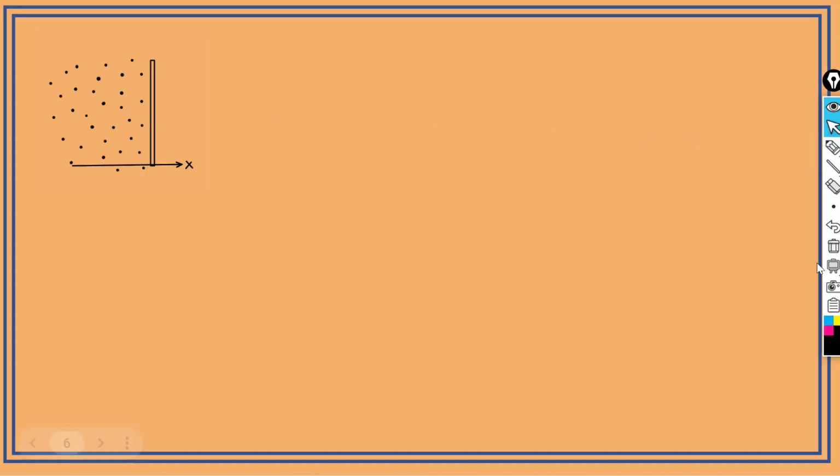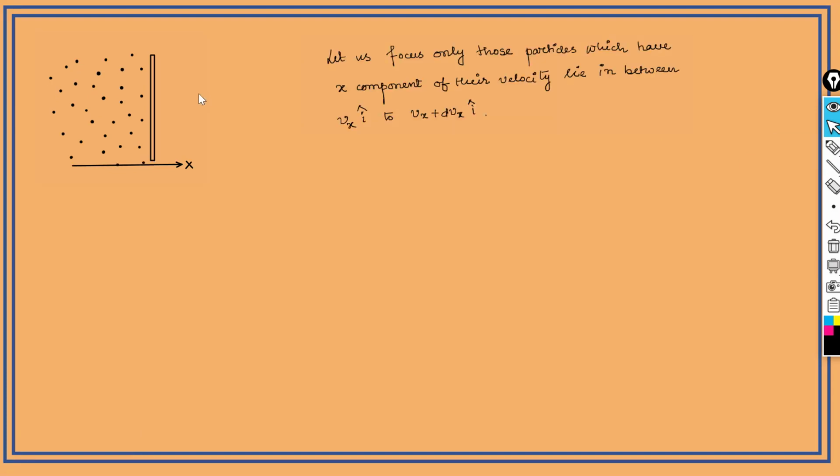More specifically, let us take a specific case where the gas molecules are moving with x component velocities varying from Vx to Vx plus dVx. So I am considering a particular type of gas molecules only, those which have the component of velocity along the x-axis from Vx to Vx plus dVx.